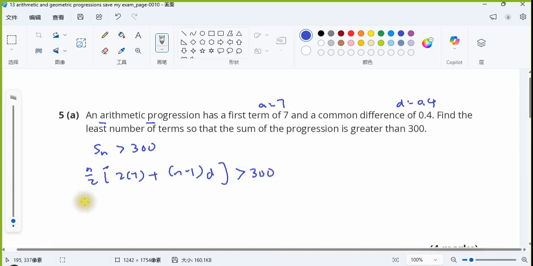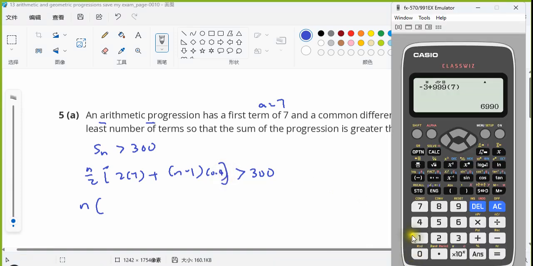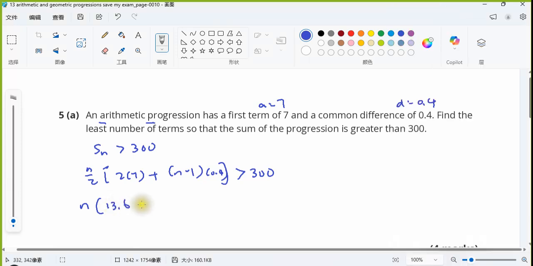So we have n times 2 times 7 minus 0.4, d is 0.4, so we have 14 minus 0.4, which is 13.6, plus 0.4n, greater than 600.